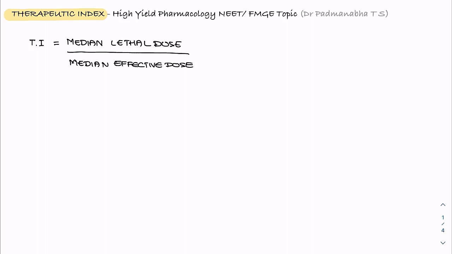So again, this can be represented as LD50, lethal dose in 50% of the population, divided by the effective dose in 50% of the population.